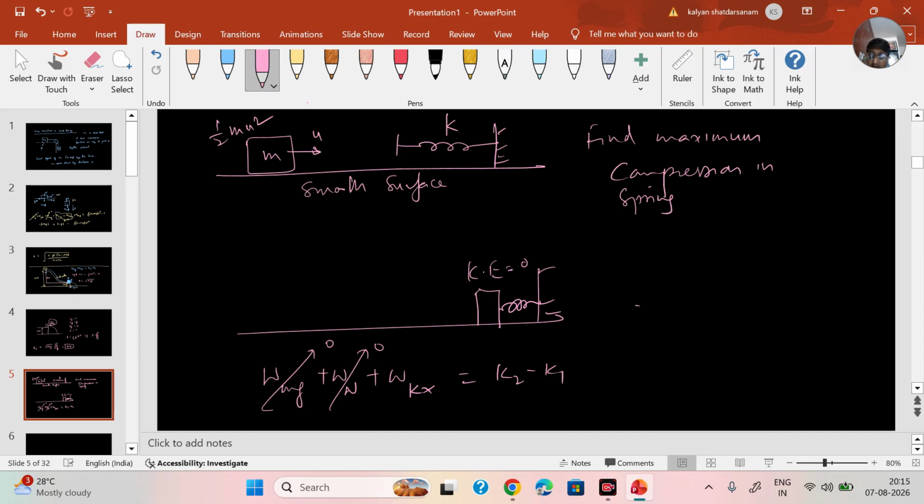When spring goes away from natural length, it will be minus half k x square, assuming spring got compressed by x. When spring is coming back to natural length, it is plus half k x square. We have seen this. That will be final kinetic energy 0 minus initial kinetic energy half m u square. So from here, the maximum compression in spring is under root m by k into u square.